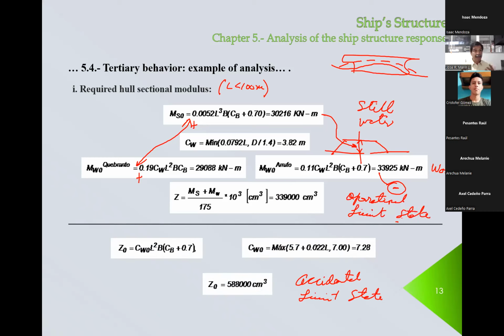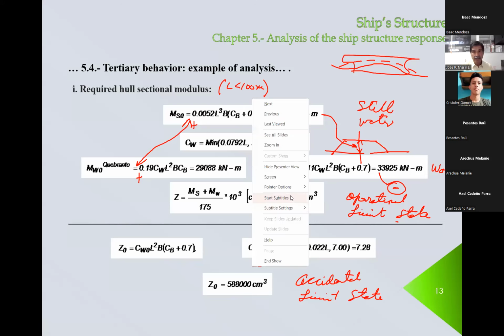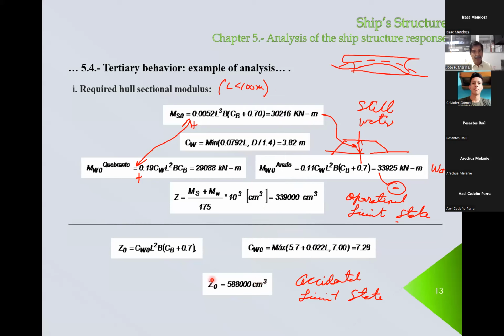And you, as a designer, have to consider both situations. Let's suppose that this is correct. That means that in the accidental limit state, you need to satisfy this value. Since this is larger than that, you have to satisfy this requirement.